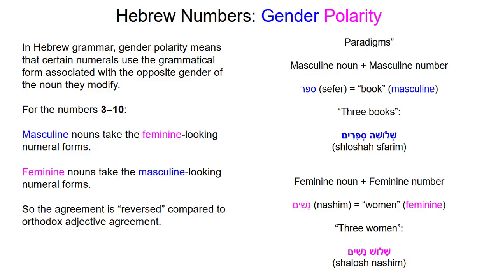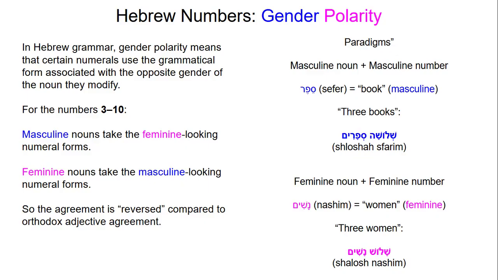As it pertains to numbers in the Hebrew language, going from 3 to 10, the masculine iteration of the number 3, 4, 5, 6, 7, 8, 9, and 10, aesthetically, they look feminine, but it's still masculine in gender. And with the feminine numbers, 3 through 10, aesthetically, visually, they look masculine, but the gender is still feminine.